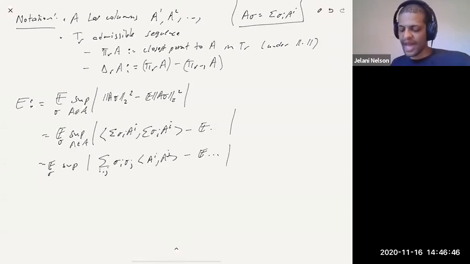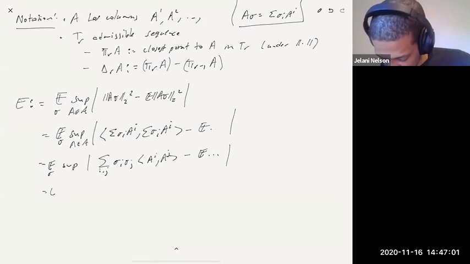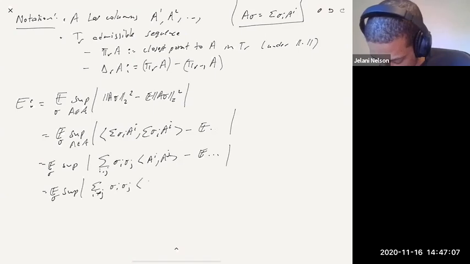And I claim that the diagonal terms just cancel exactly with the expectation. The diagonal terms are the expectation. The off-diagonal terms have expectation 0. The diagonal term, sigma_i squared, is 1. Okay, so this is equal to the expectation over sigma of the sup of the sum over i not equal to j of sigma_i sigma_j A_i A_j.